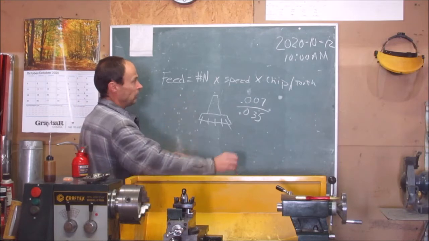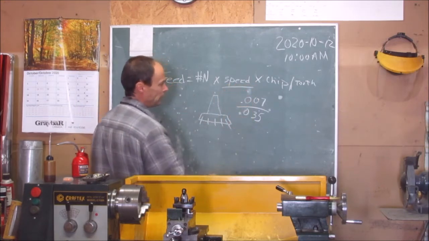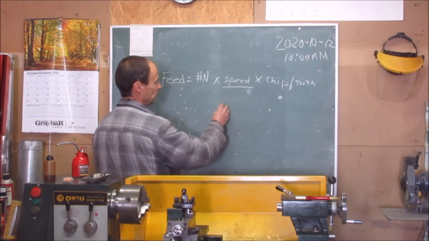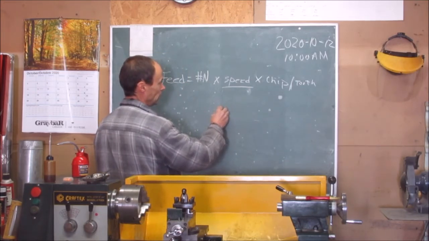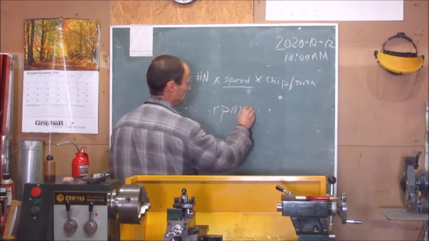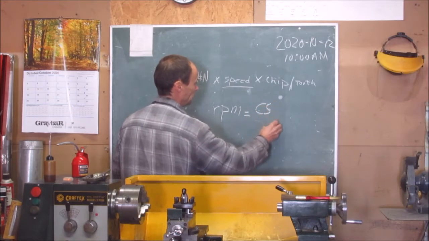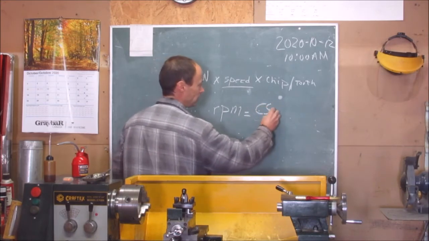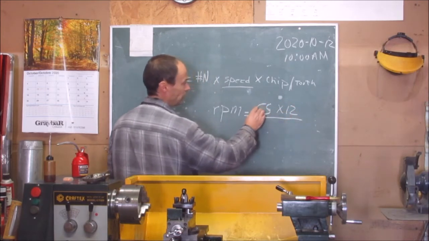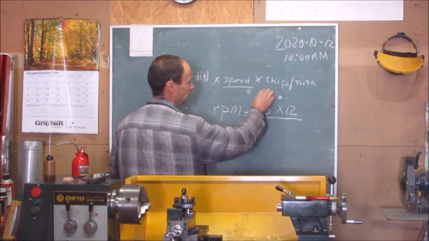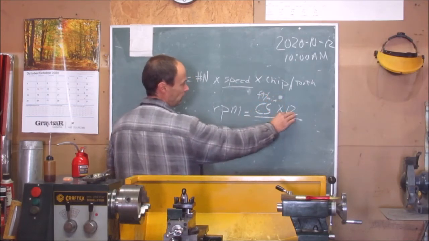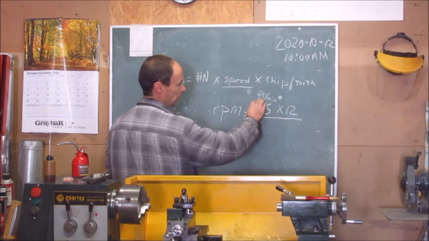Okay? Speed, or your rate, which is revolutions per minute, is cutting speed times 12, since this value is always given in feet per minute, right? So if I times it by 12, I get rid of my feet.